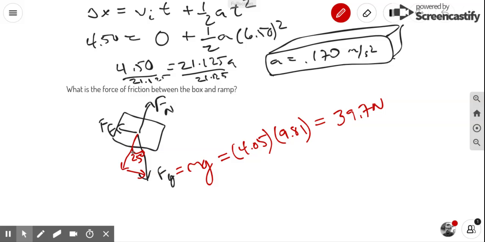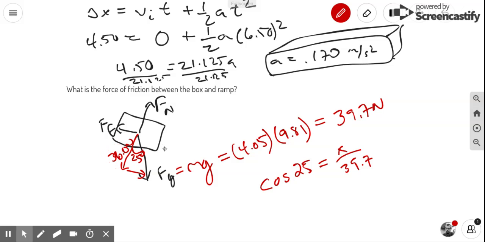This is our adjacent side, so cosine of 25 degrees equals x over 39.7. Multiplying those together, 39.7 times the cosine of 25 degrees gives us just over 36, so basically 36.0 newtons.